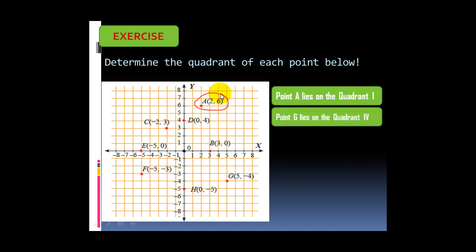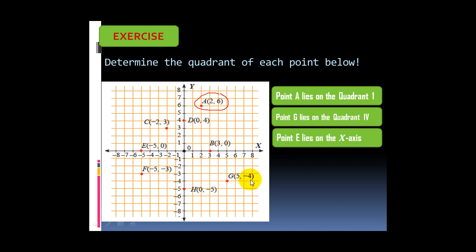And then point G lies on quadrant 4. Ya, yang kuadran 1 tadi: X koordinat positif, Y koordinat positif. For G, quadrant 4, X positif, Y negatif.